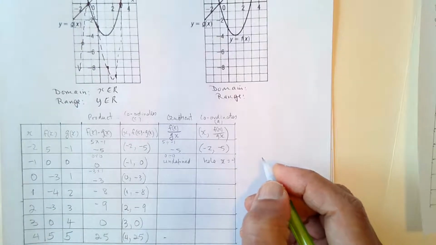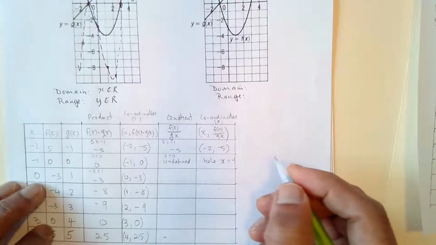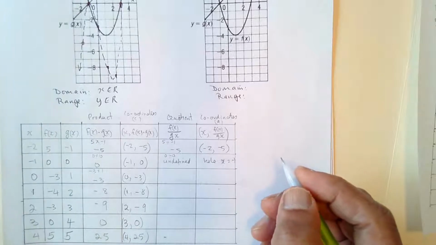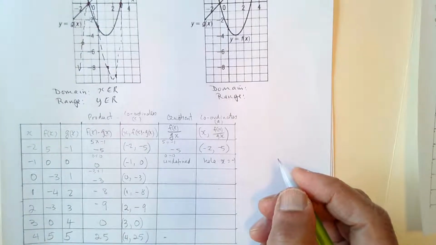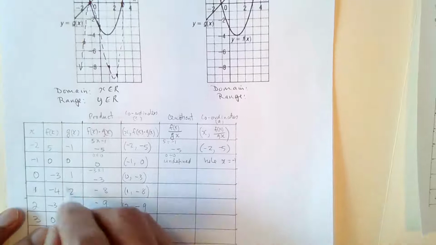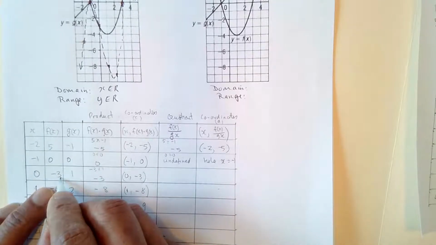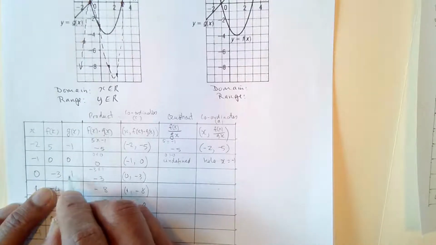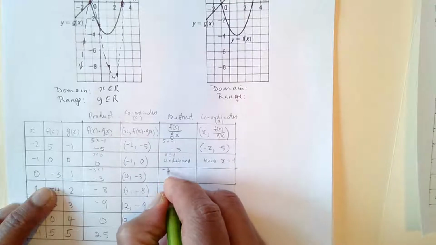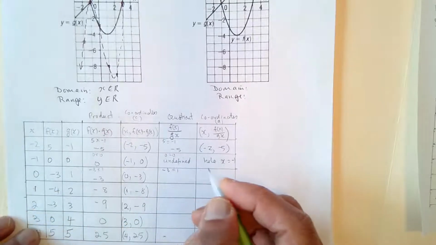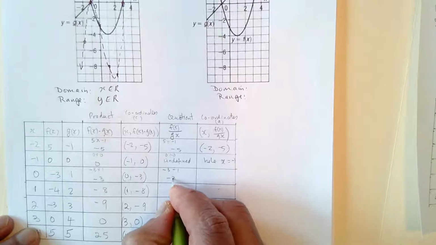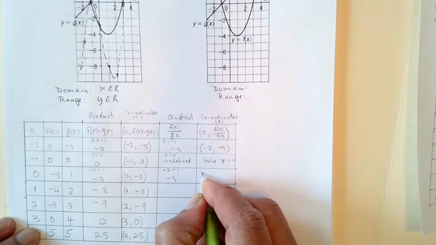The next one we have here is -3 divided by 1. Gives me -3. So my points here would be 0, -3.